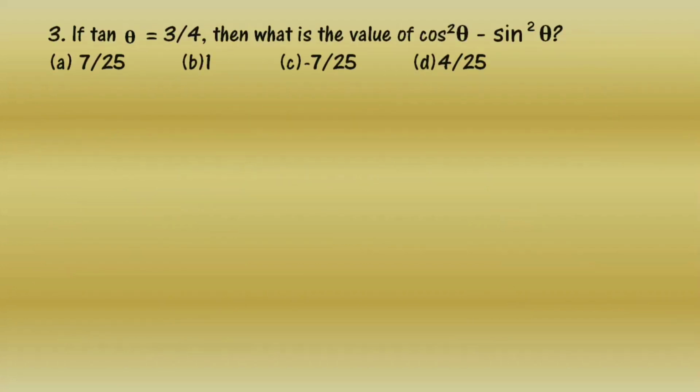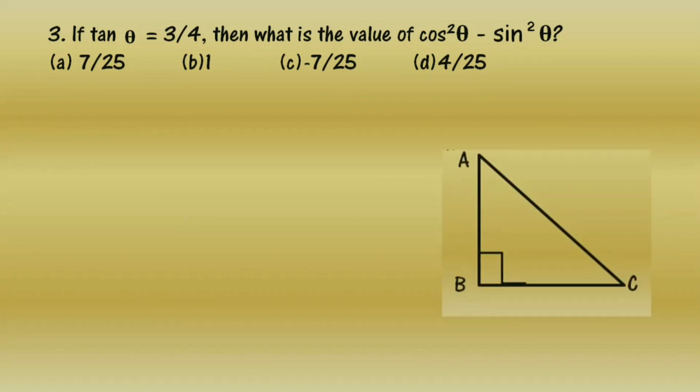Question number 3. If tan theta equal to 3 by 4, then what is the value of cos square theta minus sin square theta? Here, the same way, we have to consider the figure triangle ABC, and any angle except the right angle, you can consider A or C as theta.